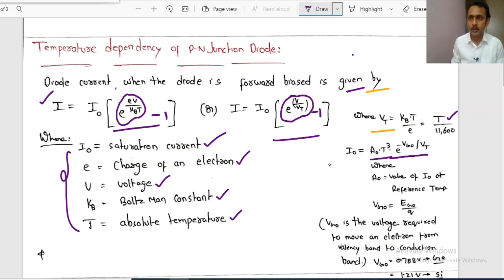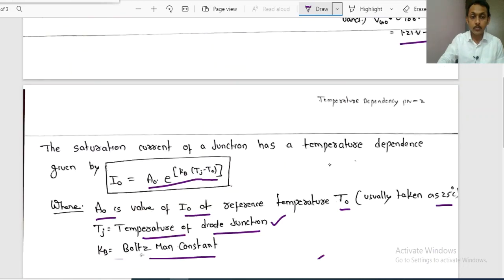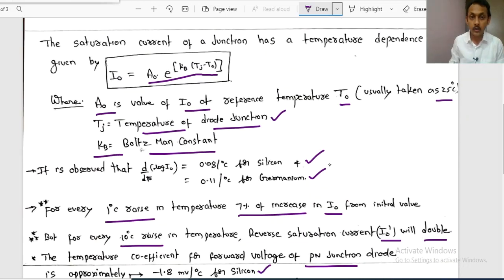If you write any one of them, marks will be awarded. And also you express how this value of I naught depends on which parameters. I naught will depend upon some other parameters in this formula and that formula, and simply express what the different variable names are. These are some of the key points.